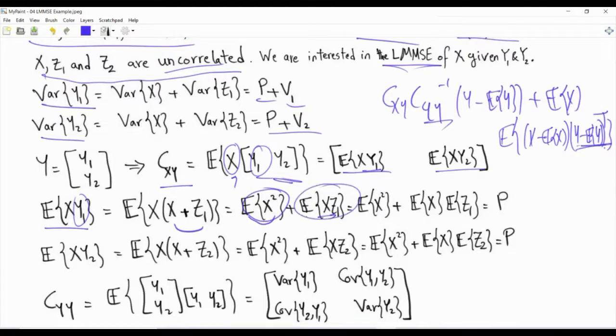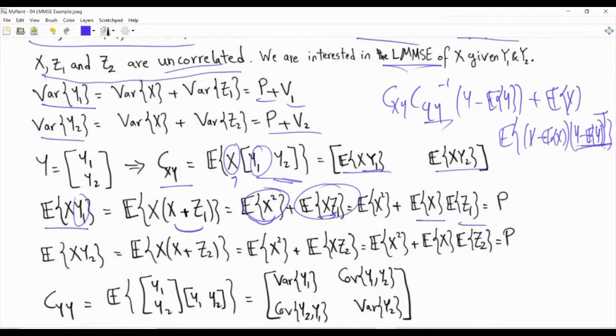And then the expectation of x z1: because x and z1 are uncorrelated, the covariance is 0, which means the expectation of the product is the product of expectations, so this is expectation of x times expectation of z1.